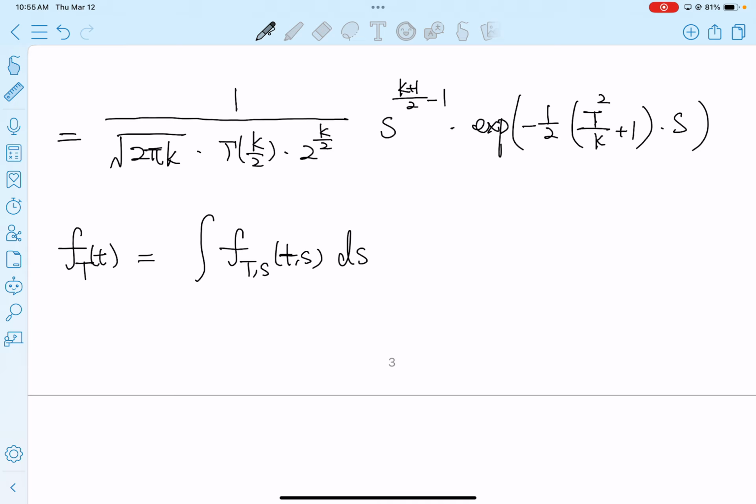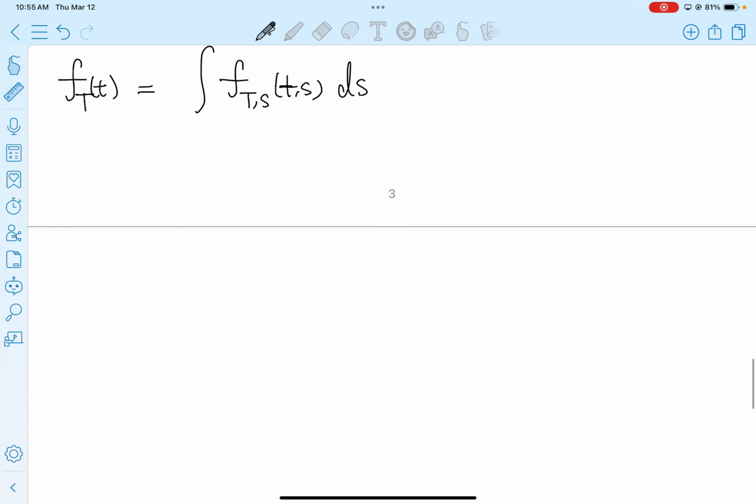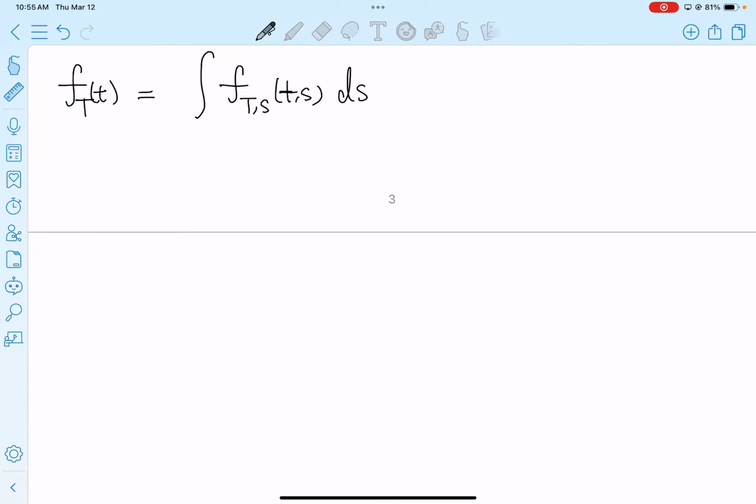So I want to remove the s and then only keep the t. And then the resulting density function has some statistical meaning, which I will introduce later. But now let's obtain the final formulation. So we need to take the integral with respect to s.